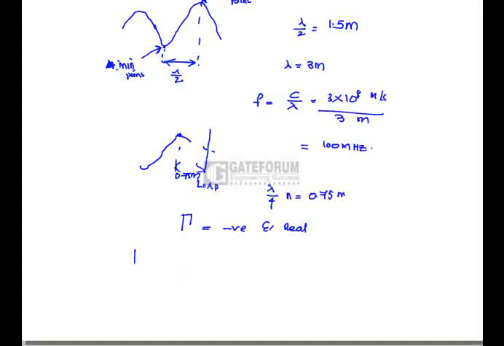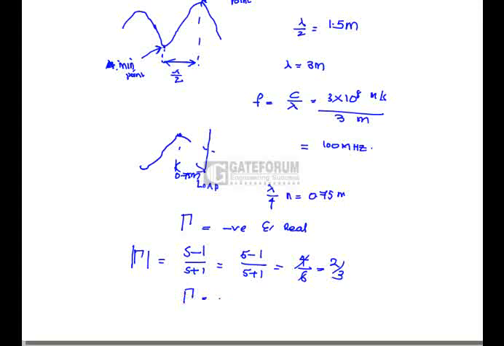Here the reflection coefficient gamma equals (s minus 1) by (s plus 1). We know the standing wave ratio. S is the standing wave ratio here. S is 5 here. 5 minus 1 by 5 plus 1 means 4 by 6, which equals 2 by 3.